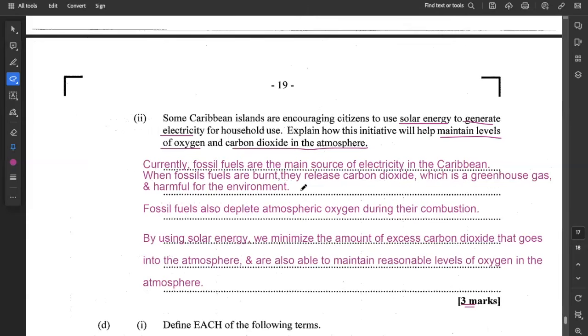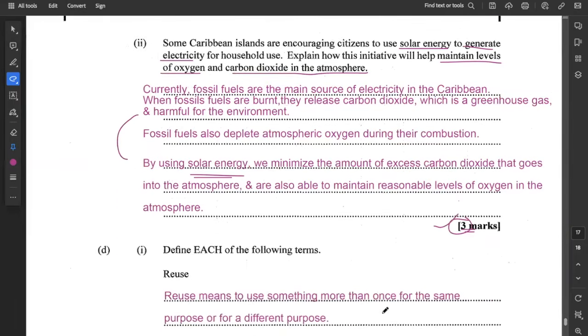So fossils are going to produce the carbon dioxide, which we don't want. We don't want that greenhouse gas, and we also don't want to be using up oxygen. So if we go now more towards a solar energy approach, we're minimizing those things, and so we're able to maintain a healthy level of oxygen and carbon dioxide in the atmosphere. So we say all of that, 3 marks, we're good, okay?